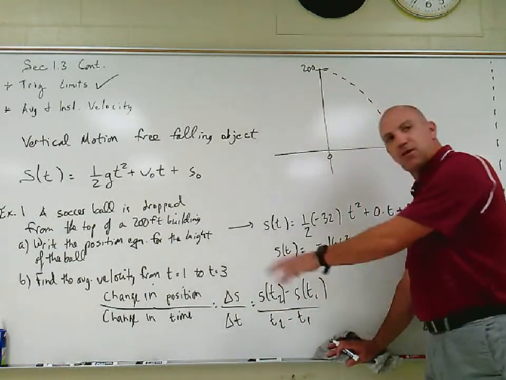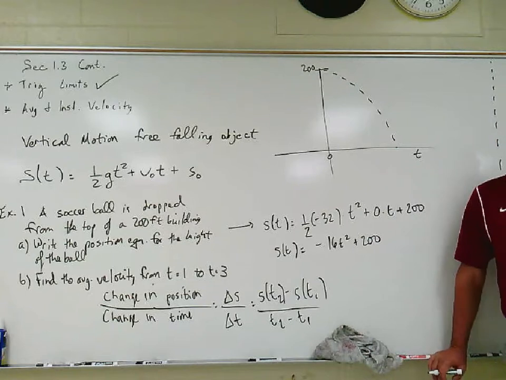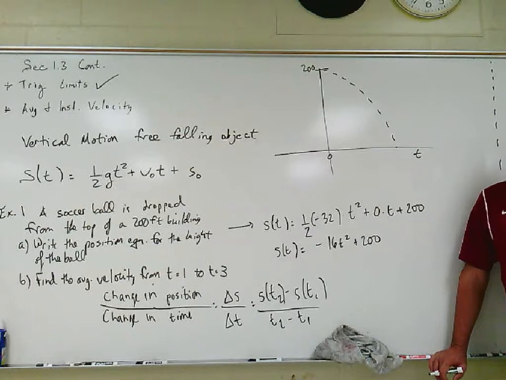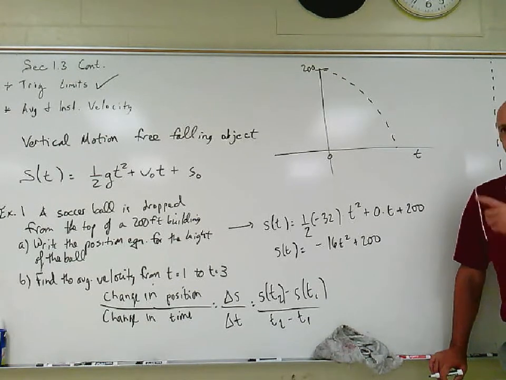That right there is a fancy representation of what basic algebra concept? Rate of change stands for something basic in algebra. Slope. It's just slope. We'll show it in a second.